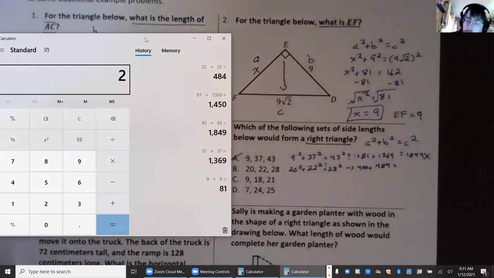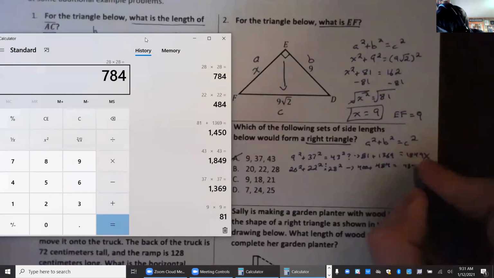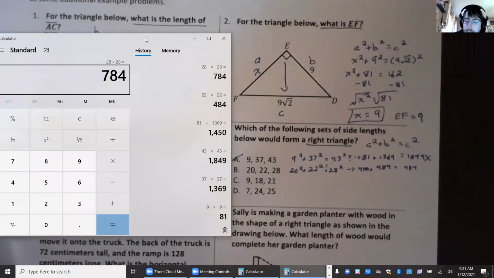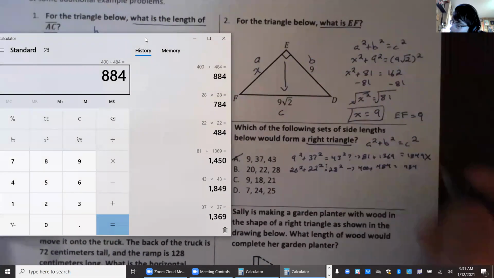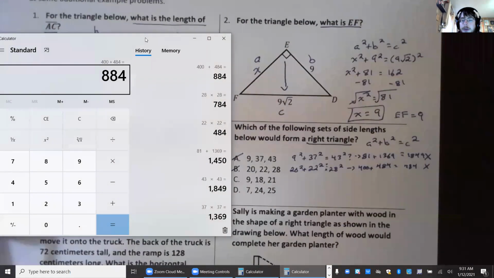And 28 squared is 784. If you add 400 and 484, do you get 784? No, you do not. You get 884. So B is not a right triangle either.